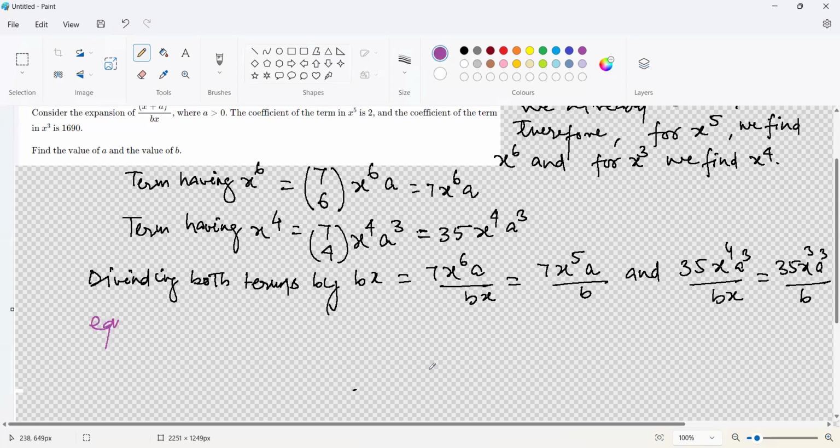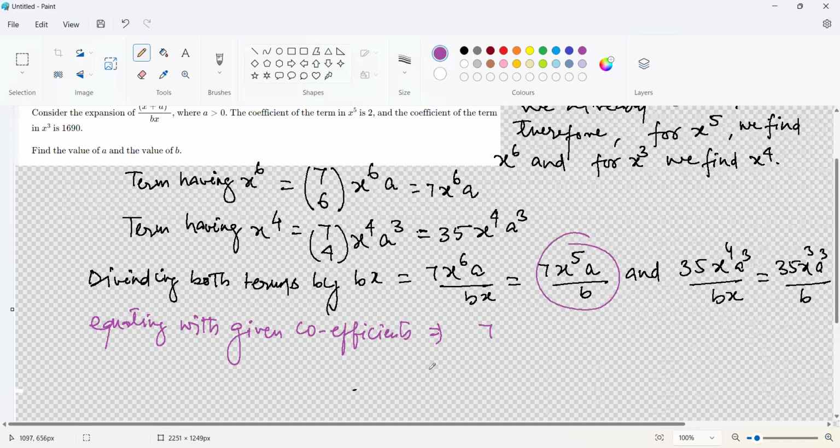So equating with given coefficients, 7x power 5 coefficient is 7a over b, and that is equal to 2.